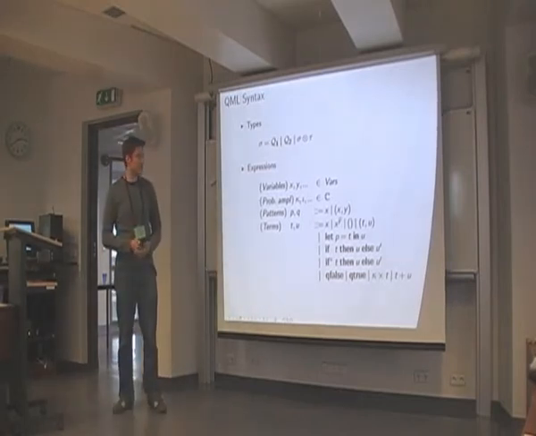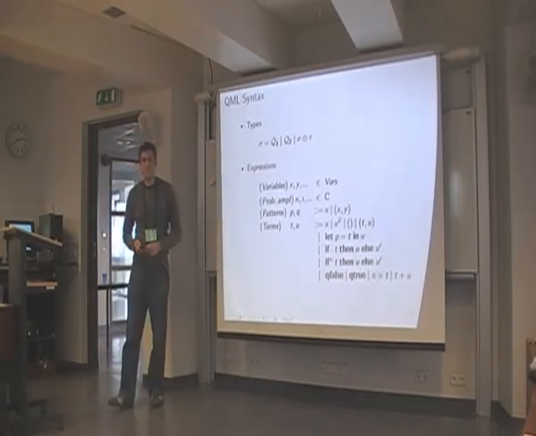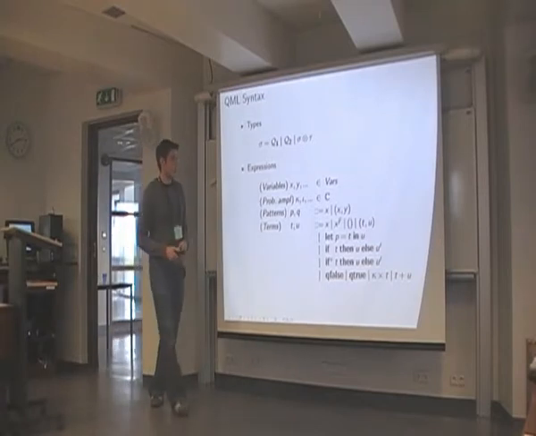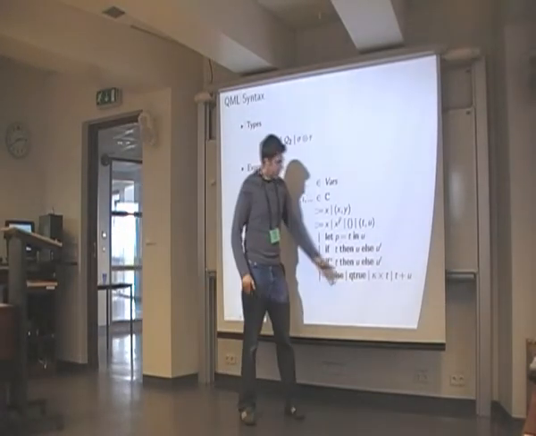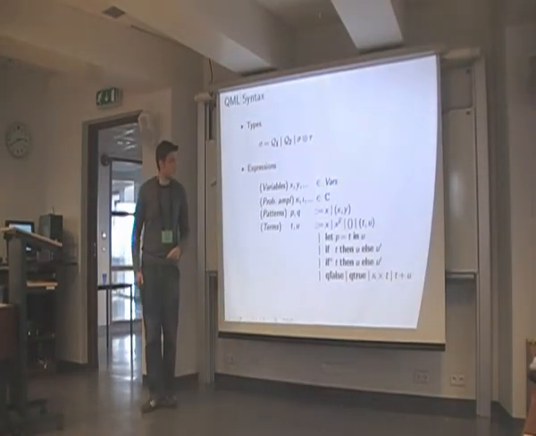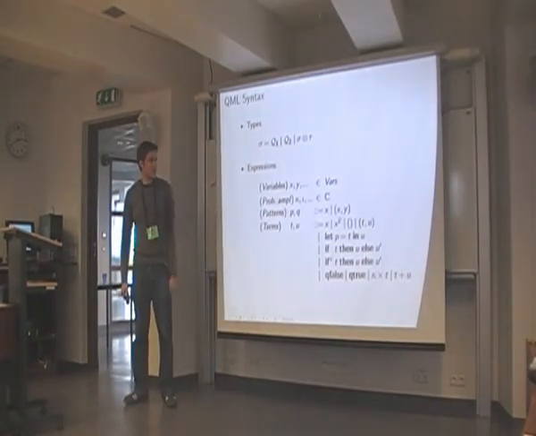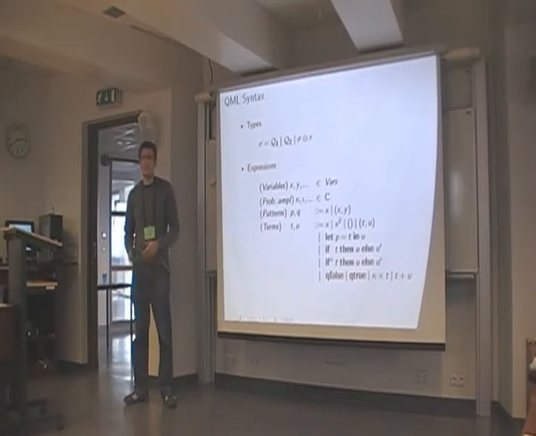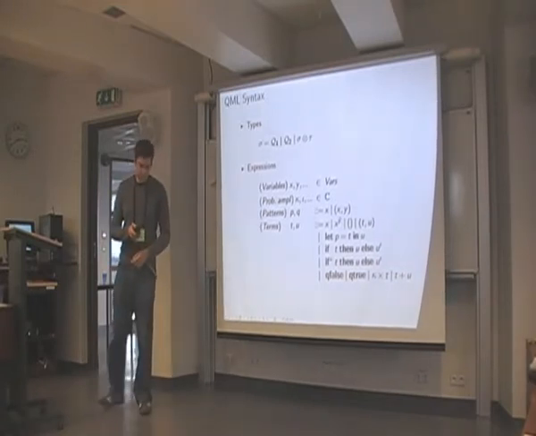I'll explain how those work shortly. And we have quantum false and quantum true. And then the multiplication operator that allows you to attach a complex probability amplitude to a term, and a plus operator which allows you to perform superpositions.